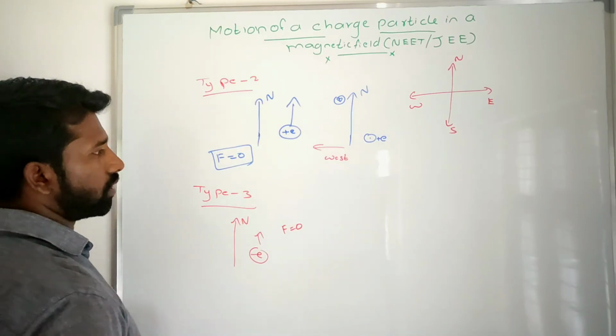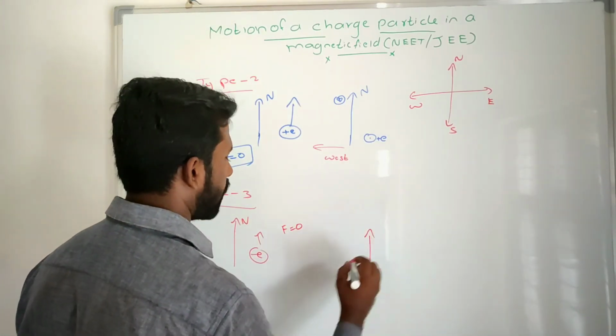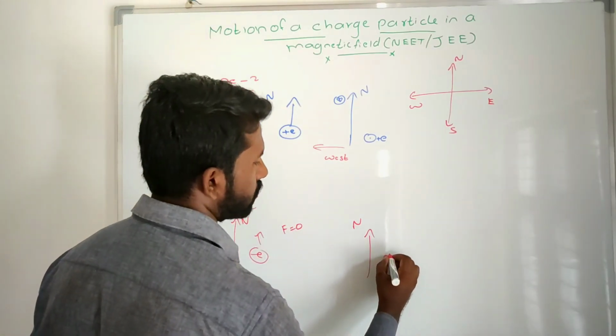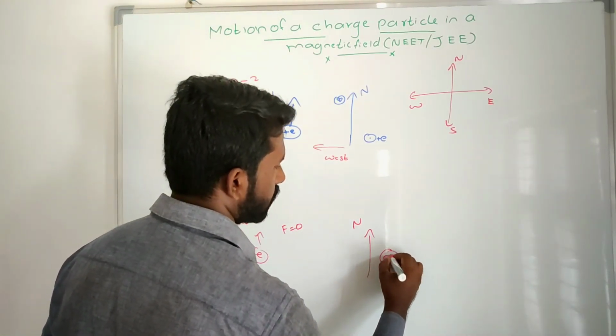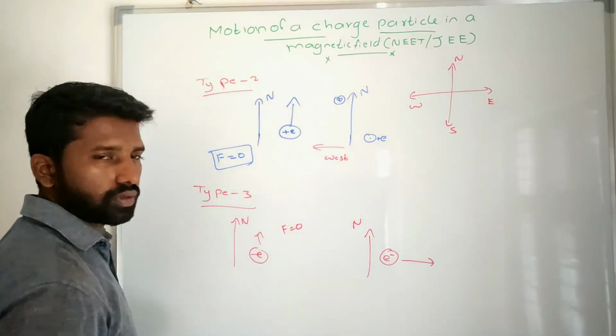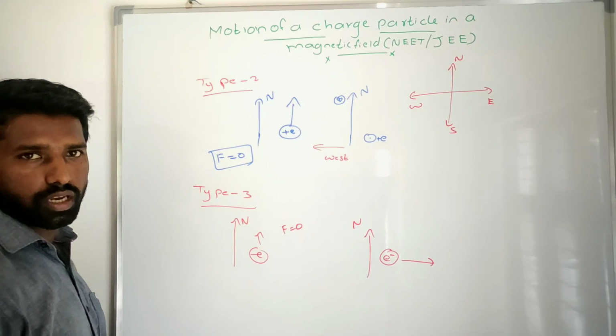Then in this type itself, next, if the magnetic field is acting in this north direction, and an electron moves towards the east, what about the force acting on it?